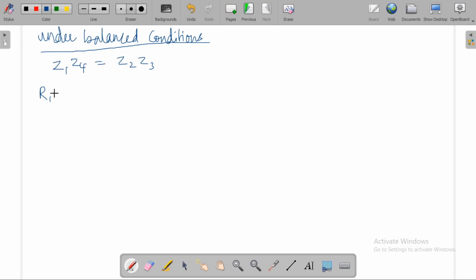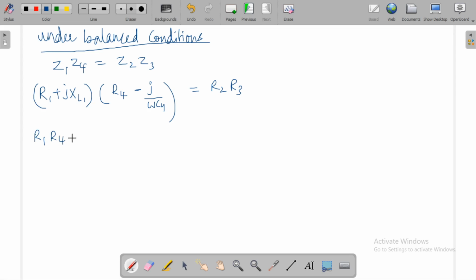Z1 is R1 plus j XL1. What is Z4? R4 is in series with C4, so the impedance will be R4 minus j by omega C4. Z2 is R2, and Z3 is R3.